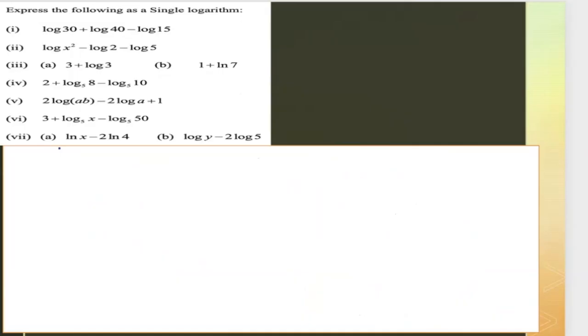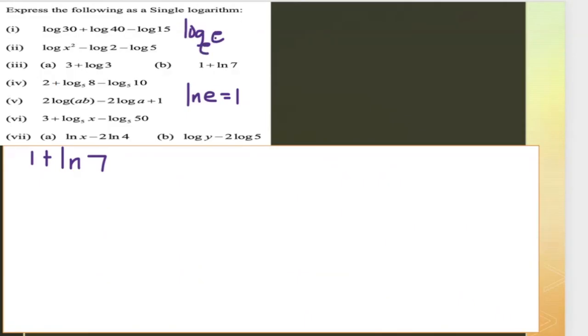Now the next one we have is 1 plus ln 7. Because I have ln here, and we know ln e is 1. If you're not sure why ln e is 1, remember ln is the same thing as log base e.